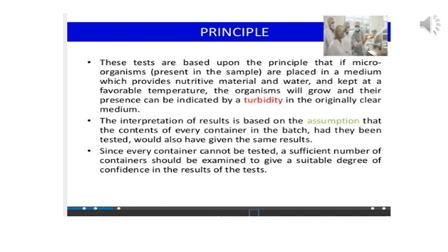The interpretation of results is based on the assumption that the contents of every container in the batch, had they been tested, would also have given the same results. Since every container cannot be tested, a sufficient number of containers should be examined to give a suitable degree of confidence in the results of the test.